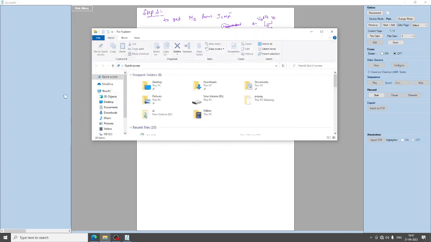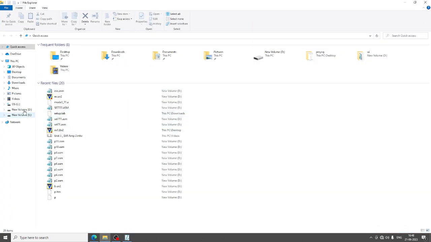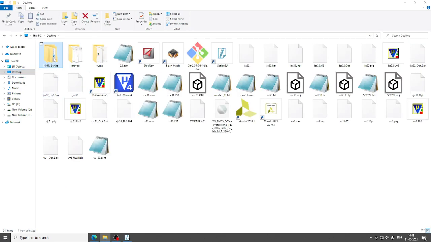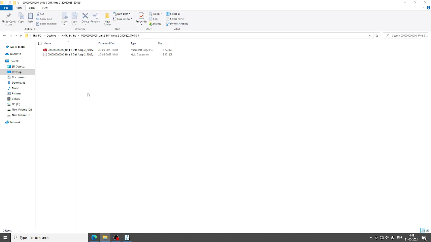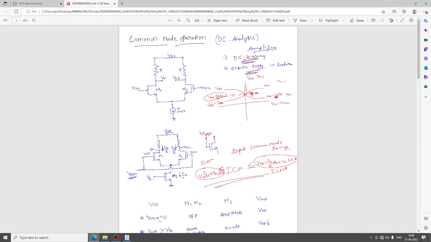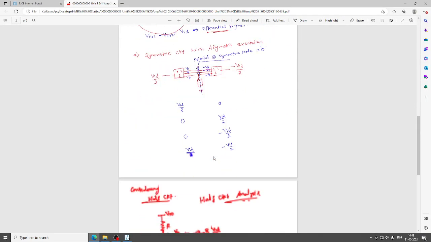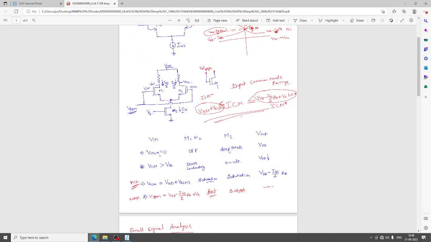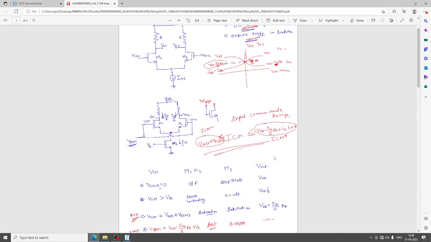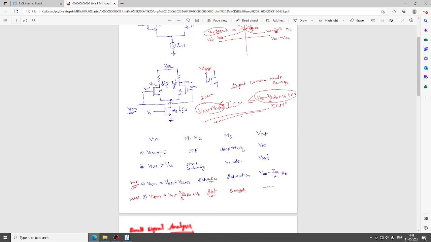So this we have discussed in the previous discussion, when we were discussing the DC analysis of the differential amplifier. So this we have discussed.